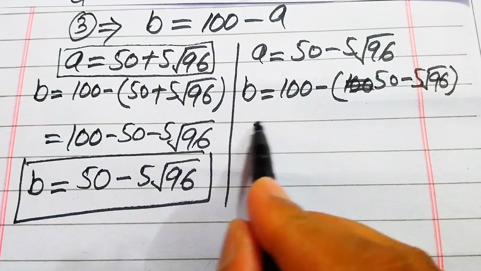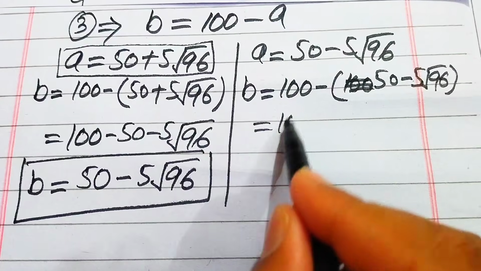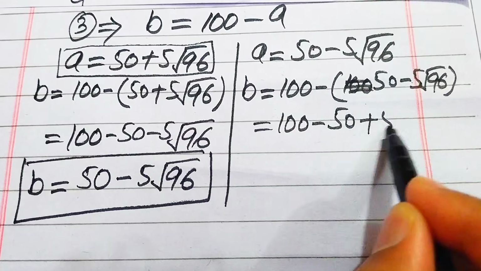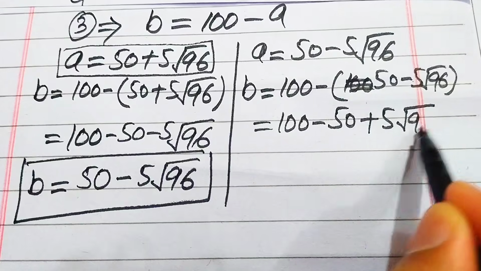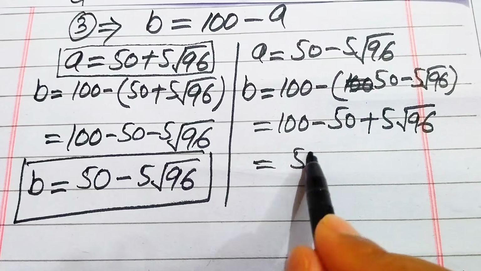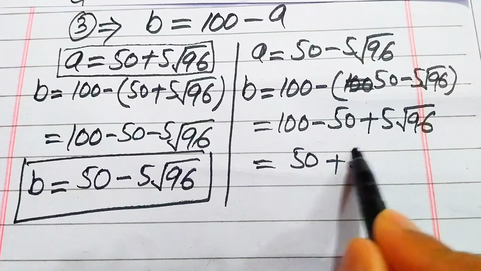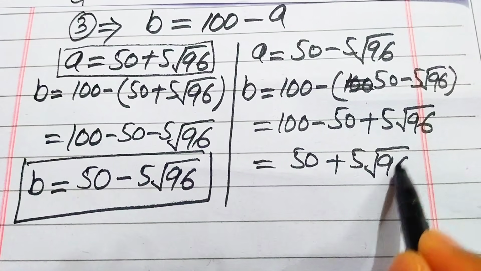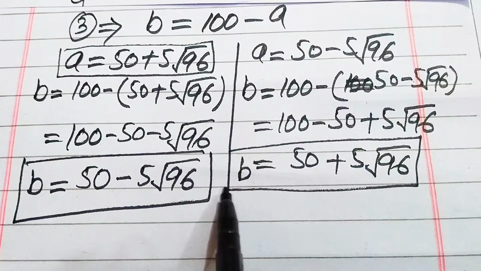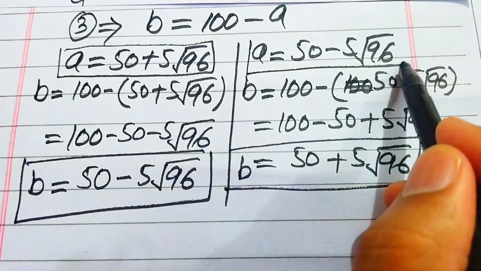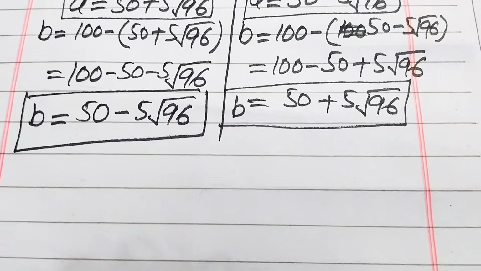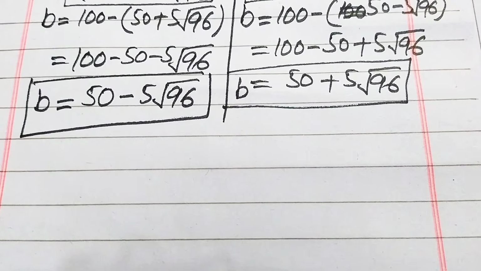Here we multiply this negative sign on both of these two values and we get 100 minus 50 plus 5 times the square root of 96. So we have 100 minus 50 becomes 50, plus 5 times the square root of 96. This is the value of b corresponding to the value of a being this one. In the next step we need more simplification, and here we just write our final answer.